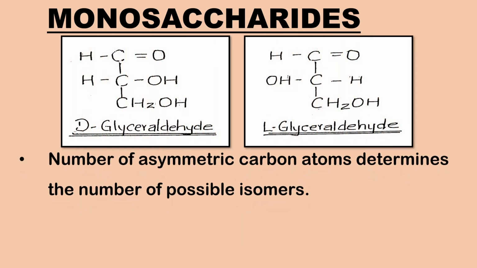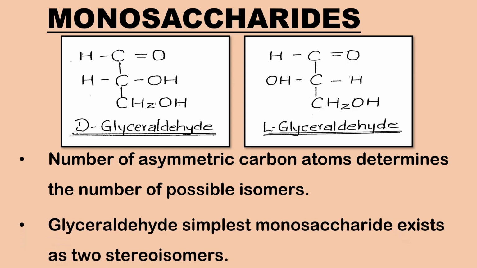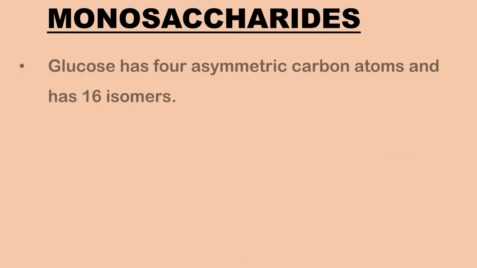The number of asymmetric carbon atoms determines the number of possible isomers, which is equal to 2 to the power n. Glyceraldehyde with 3 carbon atoms is the simplest monosaccharide with 1 asymmetric carbon atom. It exists as 2 stereoisomers, namely D-glyceraldehyde and L-glyceraldehyde.